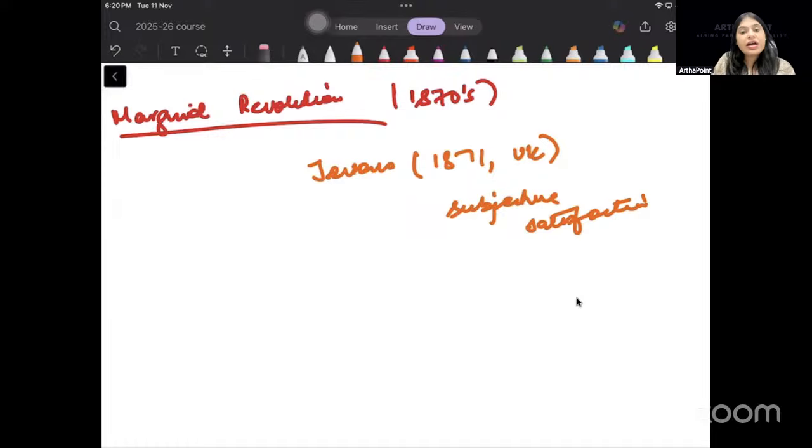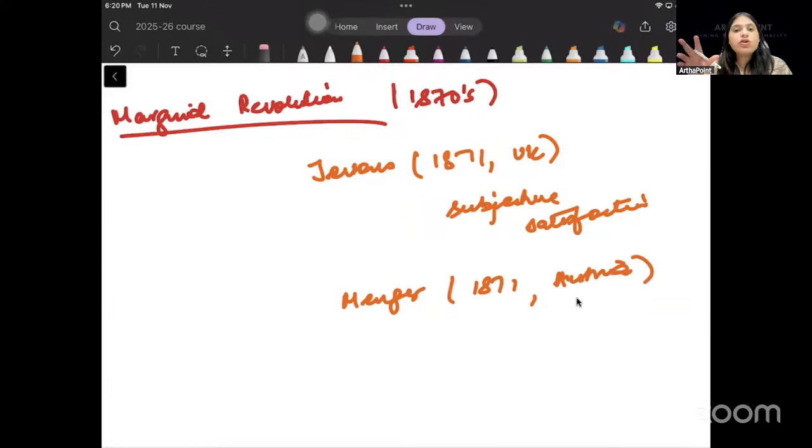Then we had Karl Menger. Karl Menger, again 1871, but in Austria. He was the founder of the Austrian school, and he said that goods derive value from marginal utility in satisfying human wants.